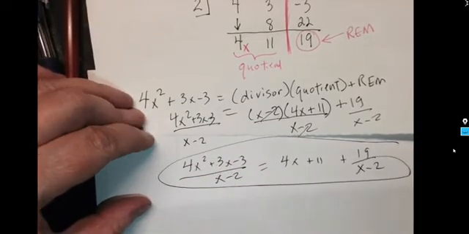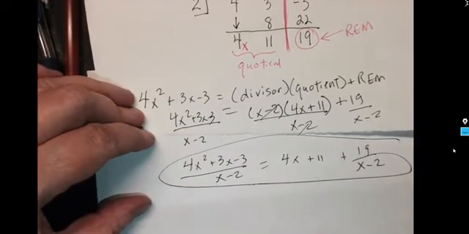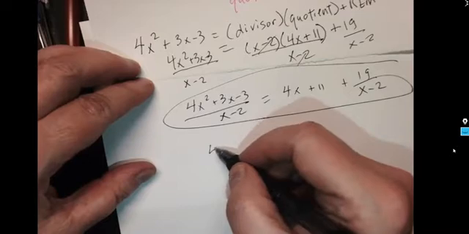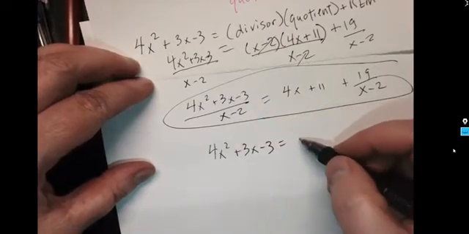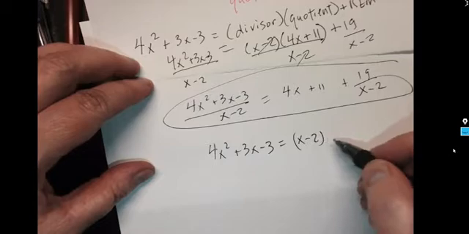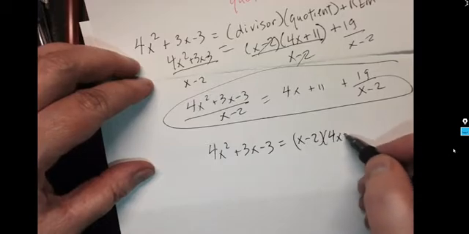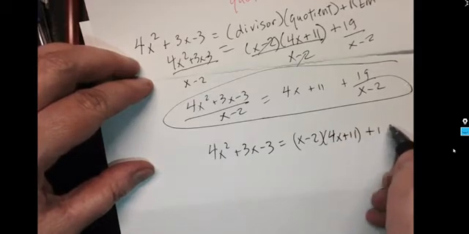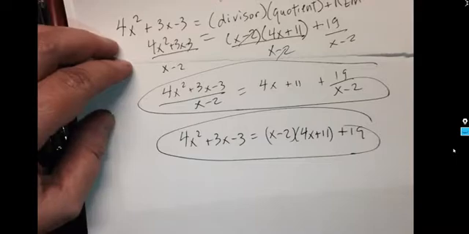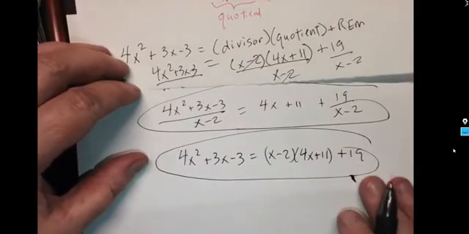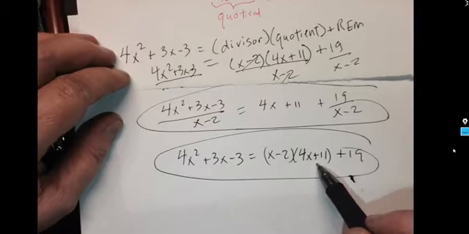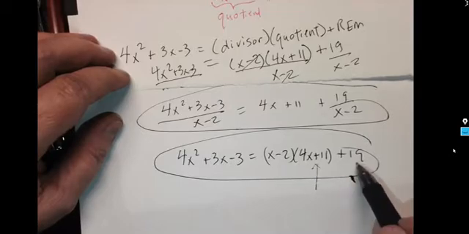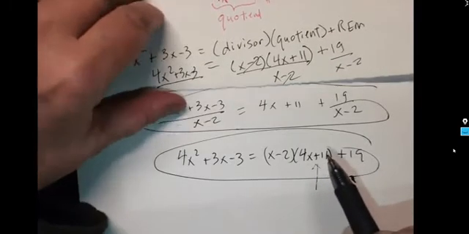So sometimes the answer's like that, and sometimes the answer's as divisor times quotient plus remainder. Right. So either one of those two can be used. Okay. And sometimes you can be asked, what is the quotient? Well, that's the quotient. And what is the remainder? The remainder is 19. Okay.